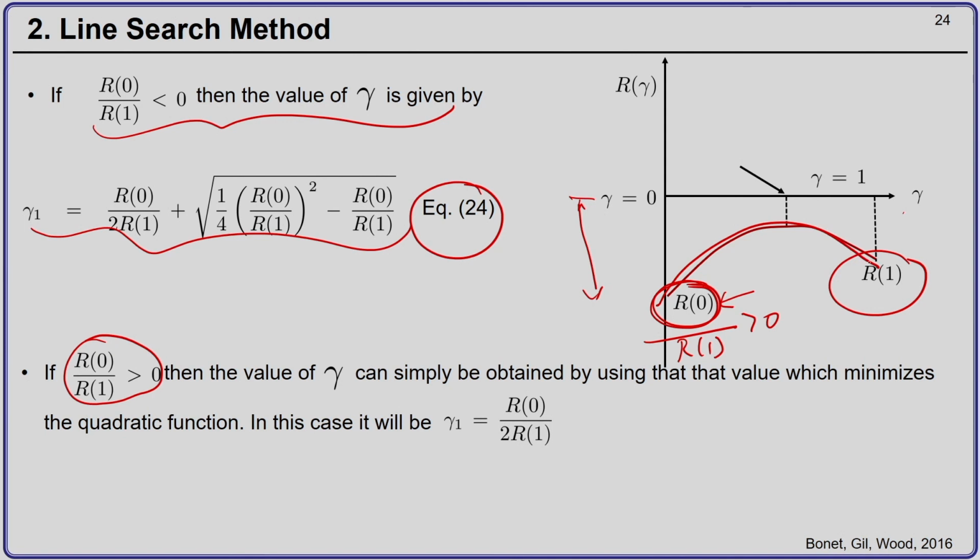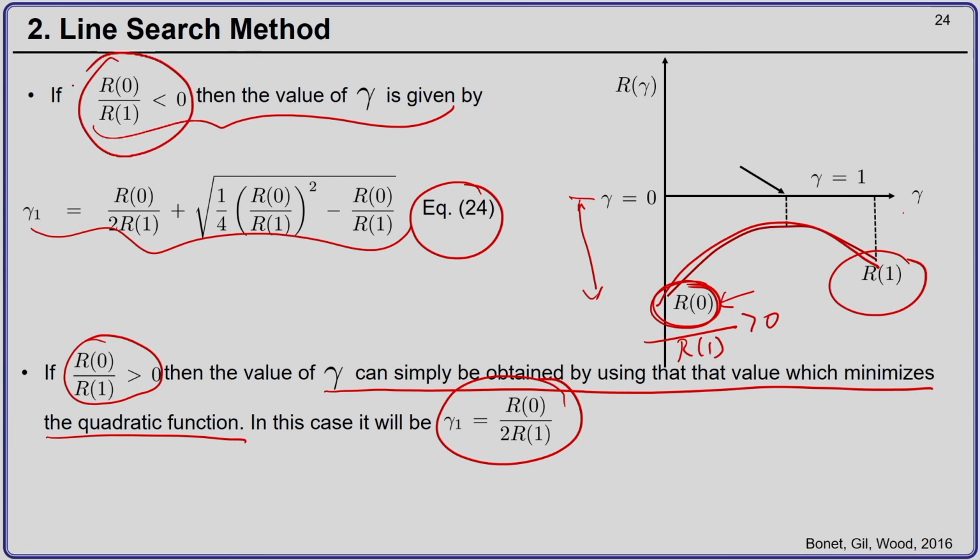In that case, you will not have any root, and then gamma can simply be obtained by taking the value which minimizes the quadratic function, and this gamma is taken as R 0 by 2 R 1. So, if you have R 0 by R 1 less than 0, then your gamma will be given by equation 24, and if you have R 0 by R 1 greater than 0, then your gamma 1 will be R 0 by 2 R 1.